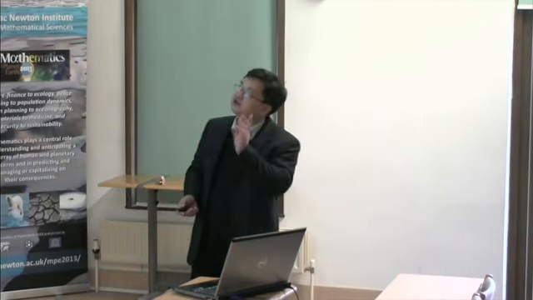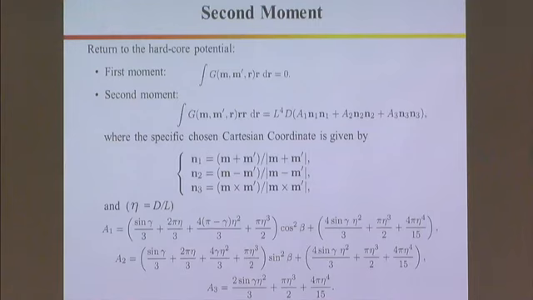So now, let's go back to the second moment. Return to the hardcore. For the first moment, you can prove that this is 0, because of symmetry. But for the second moment, this is a matrix and it is not 0. Actually, we can prove this matrix could be written in this way.